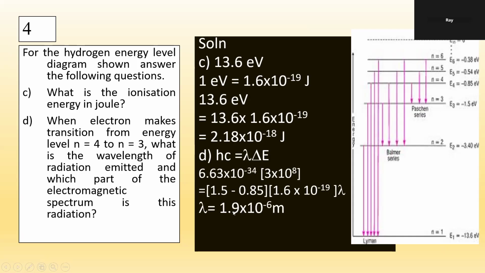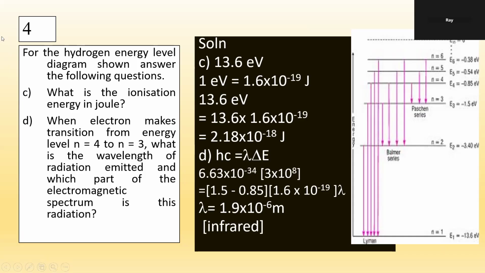Usually they give only two significant figures, so the answer is also two significant figures, like 1.9 times 10 to the power minus 6 meter. So which part of the electromagnetic spectrum is this? Infrared, right? Good.